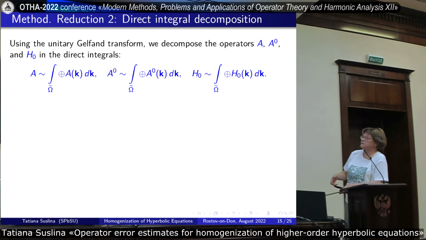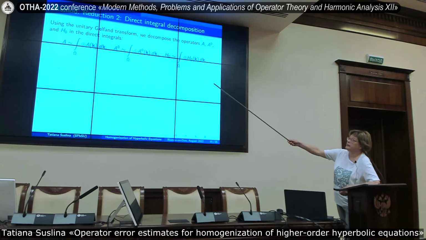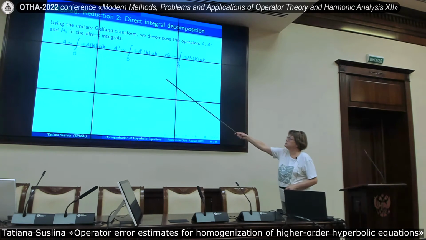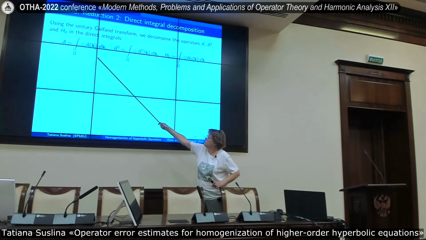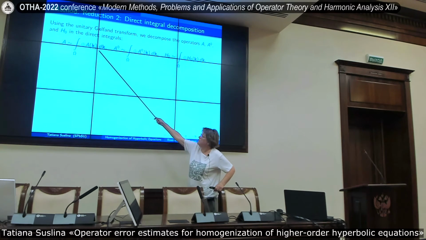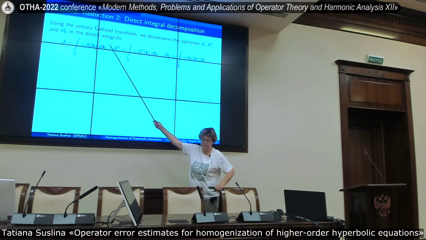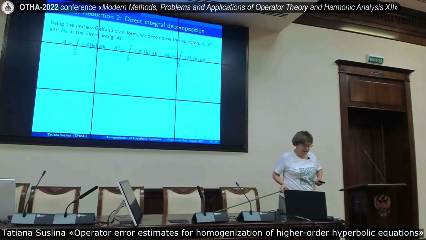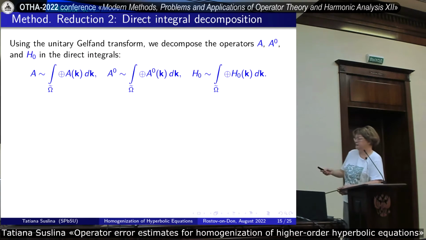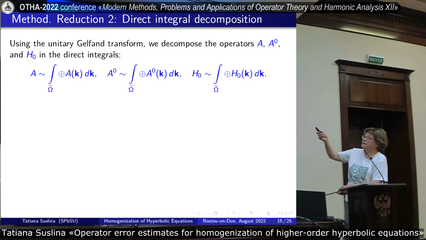Next step is the Floquet-Bloch theory. So the operator A with the matrix G of x has periodic coefficients. And then this operator A is unitarily equivalent to the direct integral of operators A of k. The parameter k is called the quasi-momentum. k belongs to omega tilde.